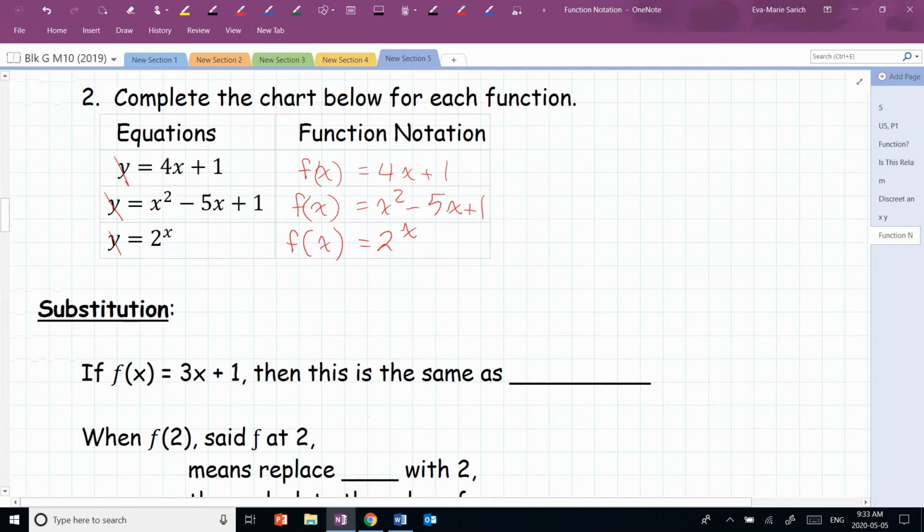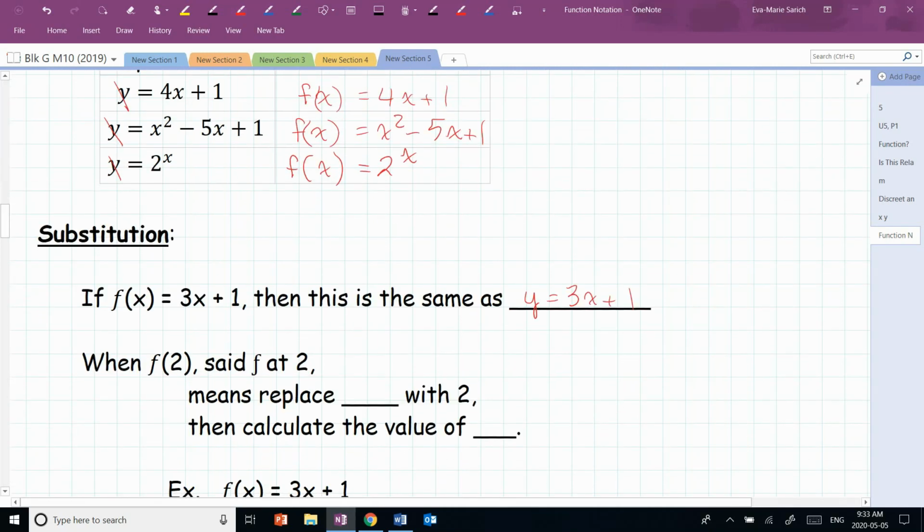Now, if we're thinking about working with function notation, if f of x is equal to 3x plus 1, then this is the same as y is equal to 3x plus 1. So instead of saying x is equal to 2, we can write the function notation f of 2.